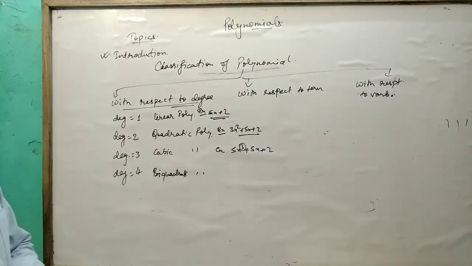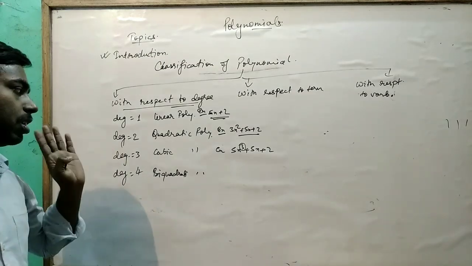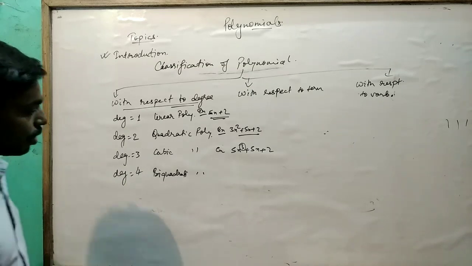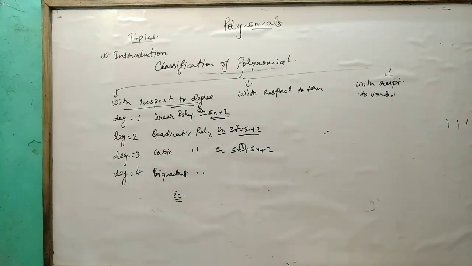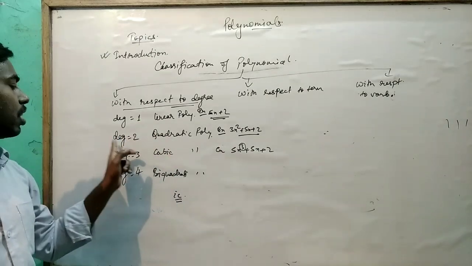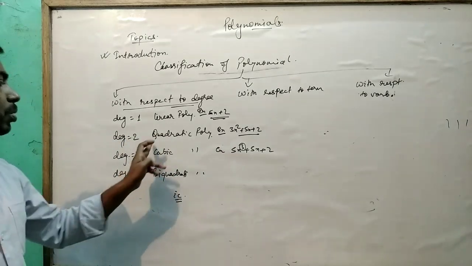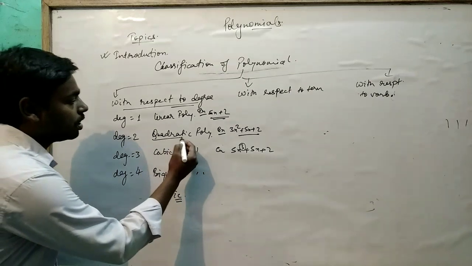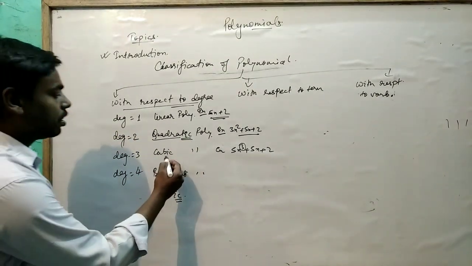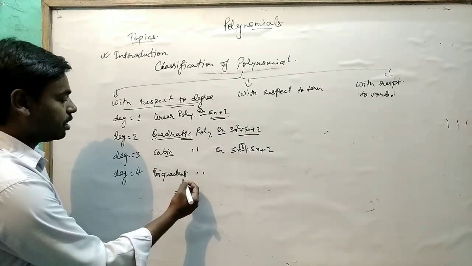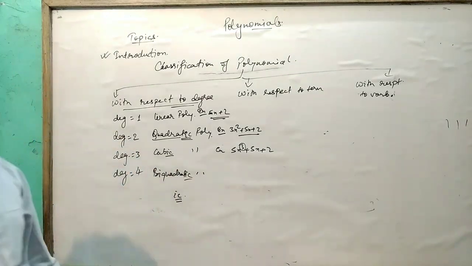With respect to degree, we can write with 'ic' as a suffix. Degree 1 linear, degree 2 quadratic, with the 'ic' suffix: cubic, biquadratic.